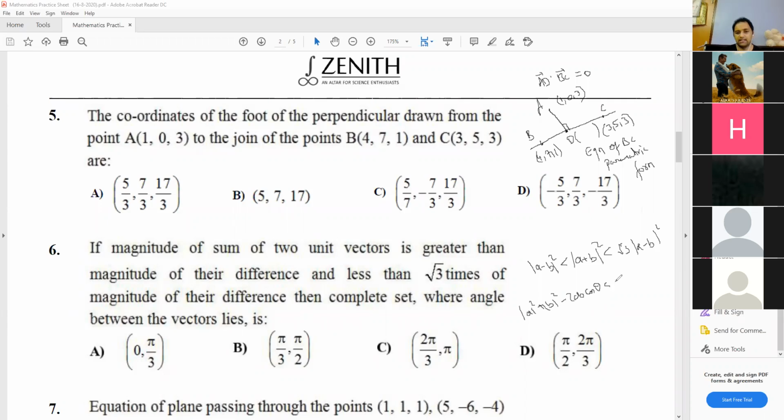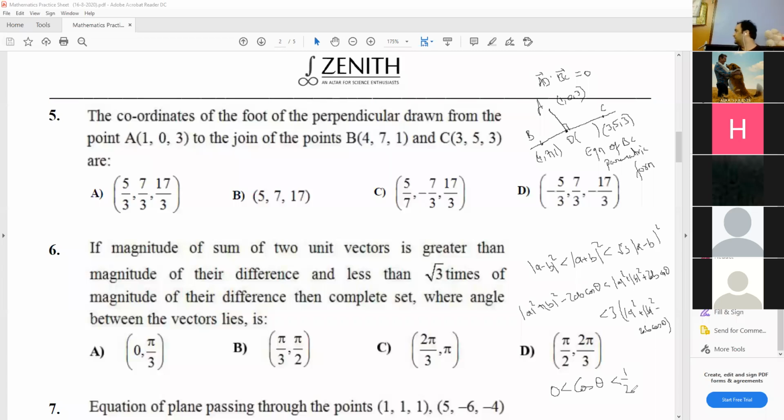And this will come less than mod A square plus mod B square plus 2AB cos theta, which in turn is less than 3, squaring gives 3, times mod A square plus mod B square minus 2AB cos theta again. Now just solve this. That will give you that cos theta should lie between 0 and half.